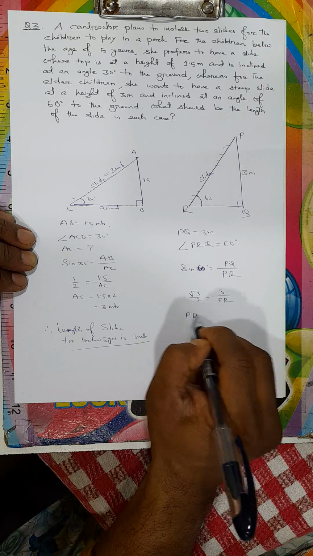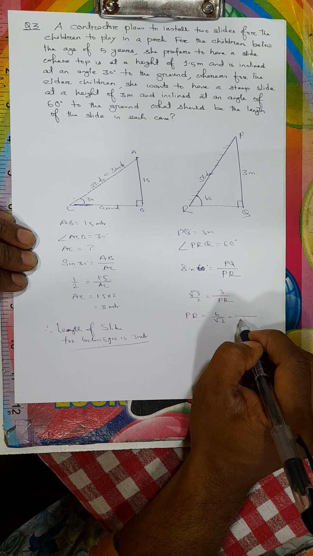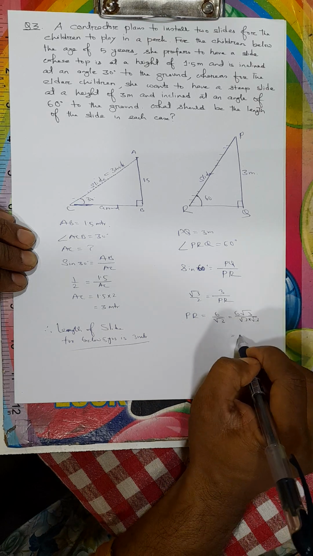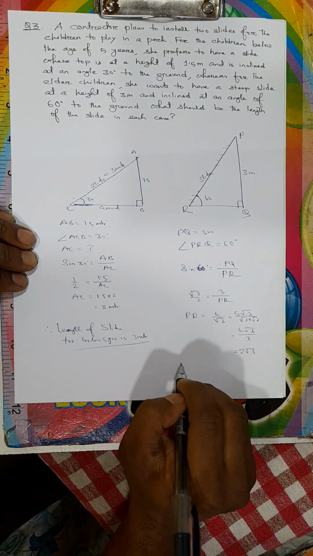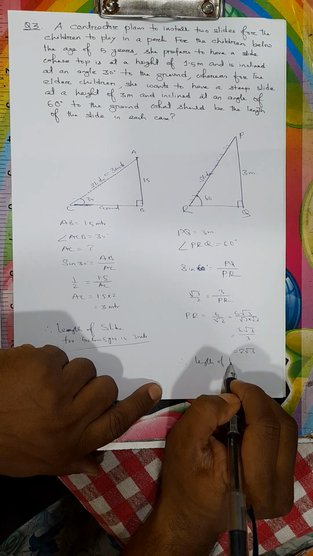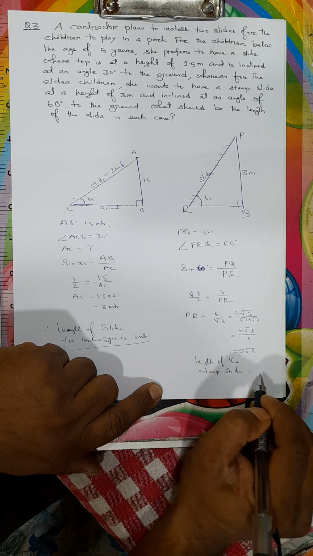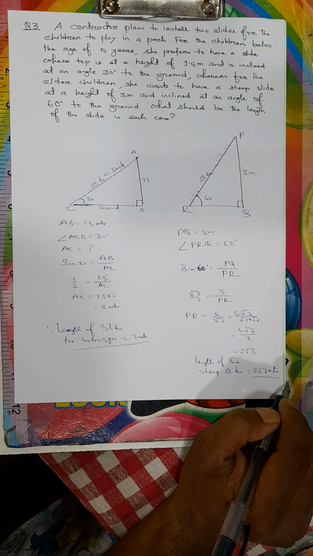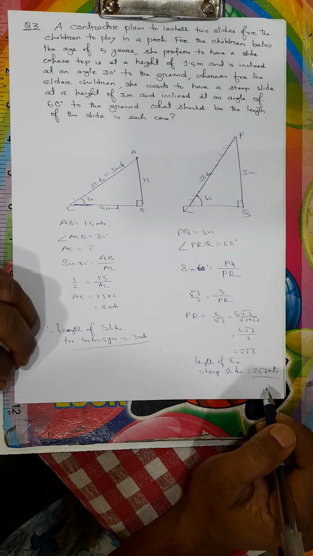So PR equals 6 divided by square root of 3. If you rationalize the denominator, multiplying by square root of 3, 6 root 3 divided by 3. So 2 root 3. Therefore, the length of the steep slide equals 2 root 3 meter.